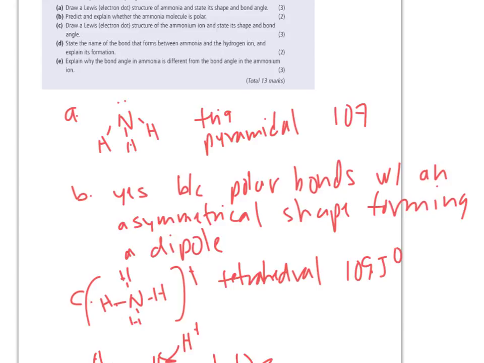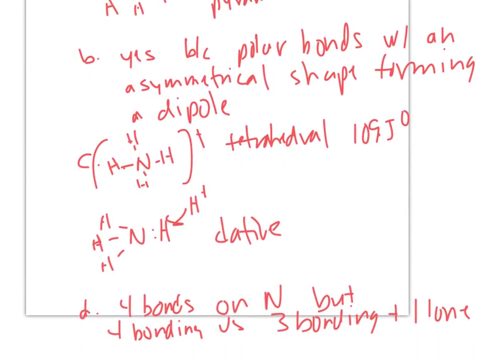And then D, state the name of the bond that forms between ammonia and the hydrogen ion and explain its formation. And what they're getting at is that you have NH3 with its lone pair, as I've shown here. And this lone pair then, I've got the hydrogen ion with no electrons. This hydrogen ion moves in and simply goes ahead and attaches itself to that lone pair.